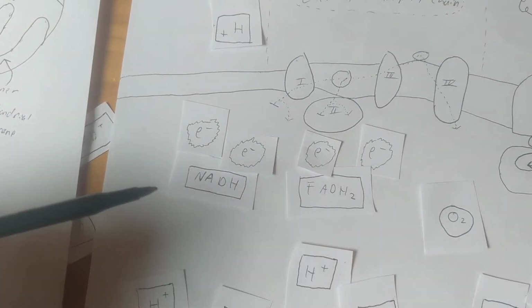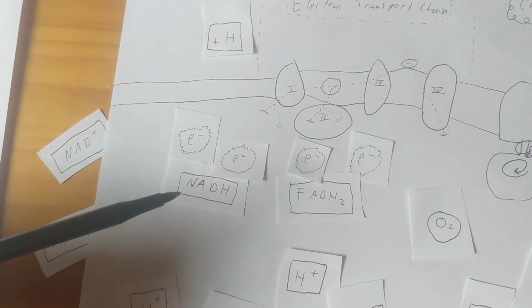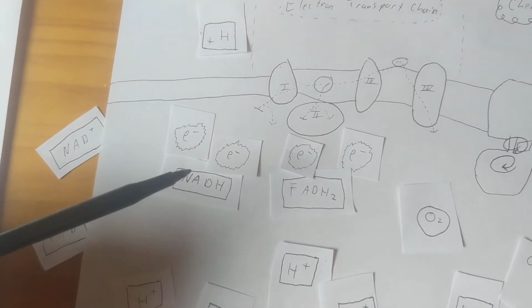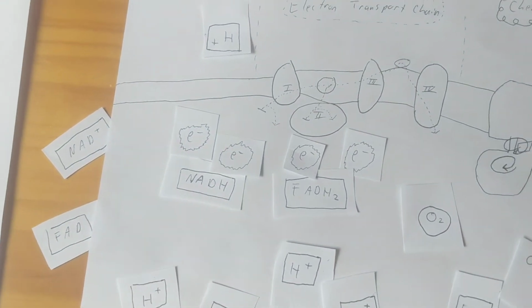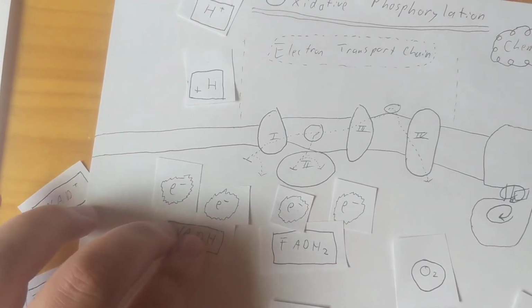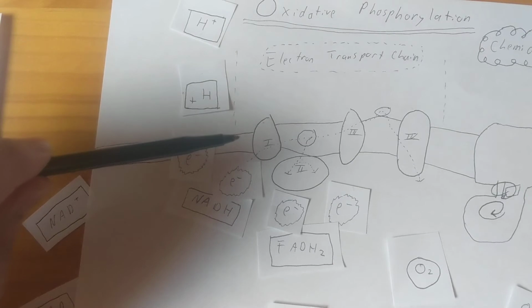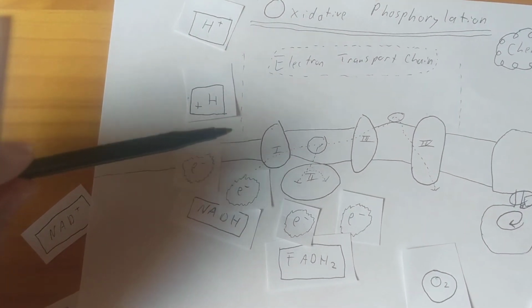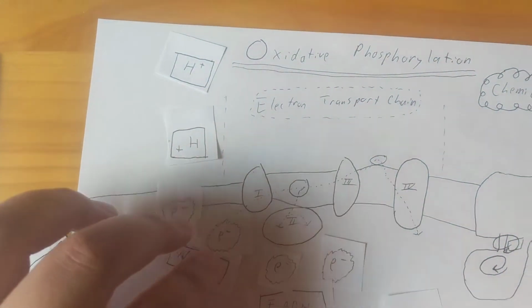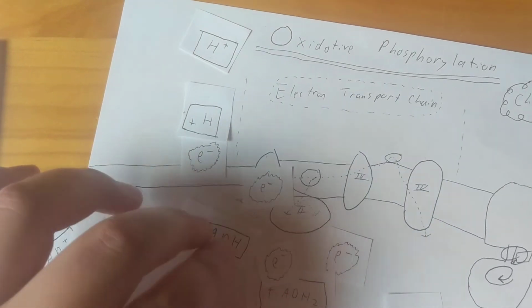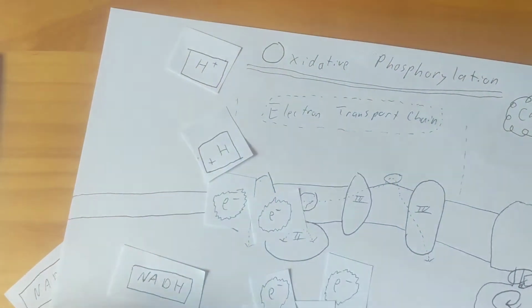We have NADH present within the mitochondria, and it has two extra electrons on it, and it moves through these proteins here on the inner mitochondrial membrane, which can then take those electrons from NADH, which renders NADH to become NAD+.